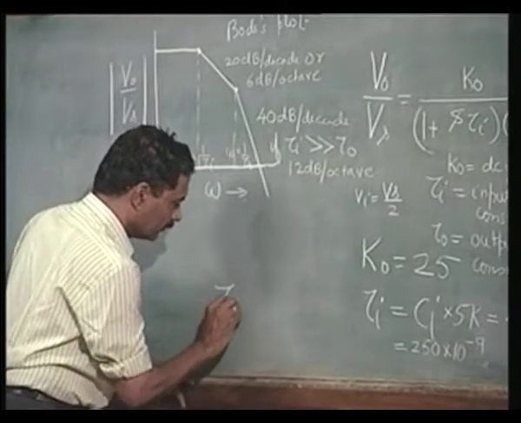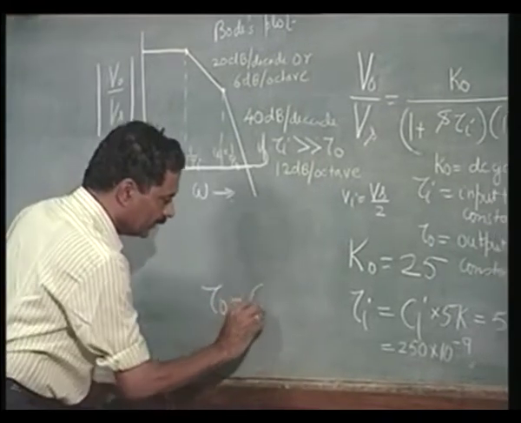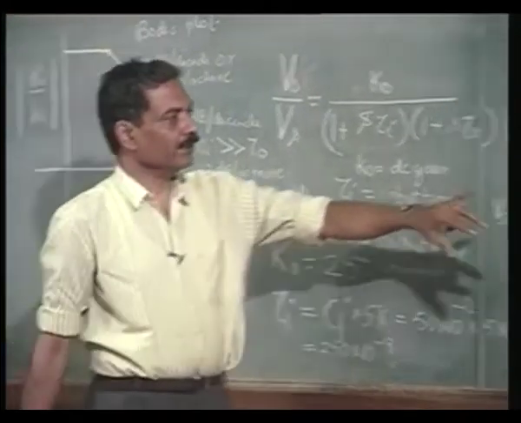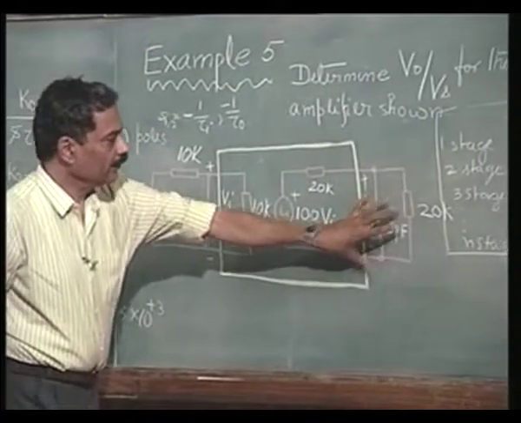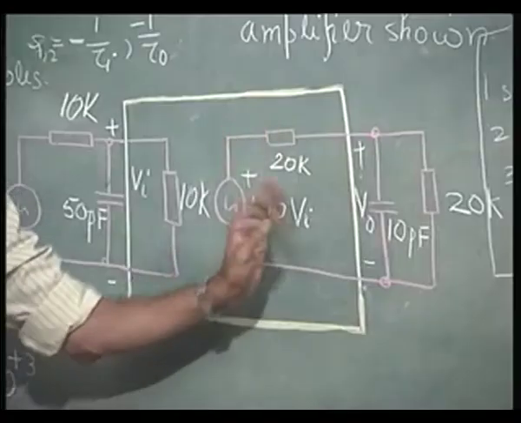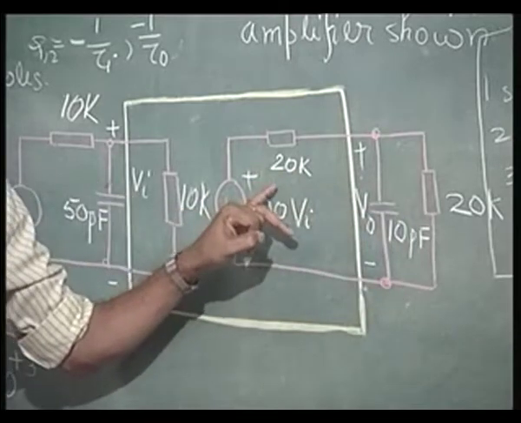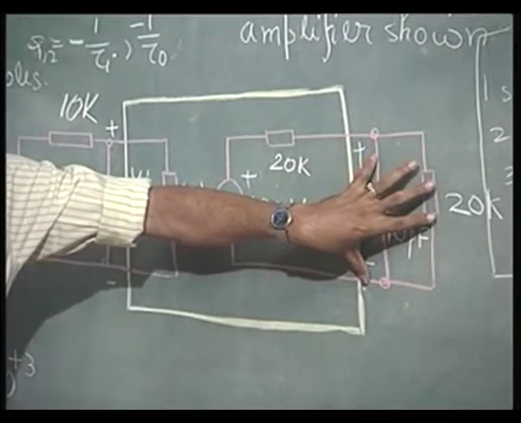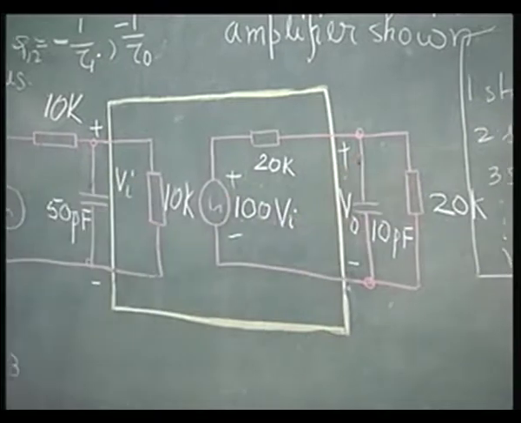Tau naught similarly is nothing but C naught, which in this case is 10 picofarads, and again short the sources. So, 20k parallel 20k is the effective resistance across the capacitance, which is 10k.